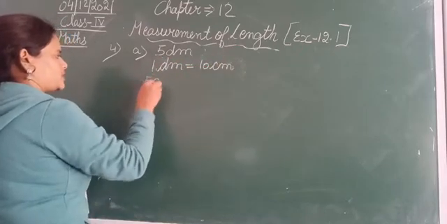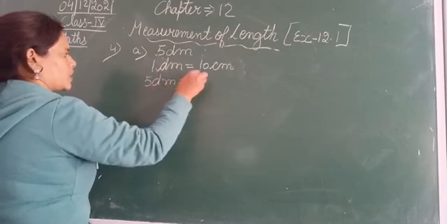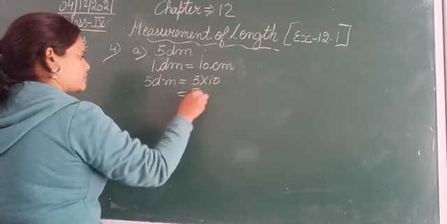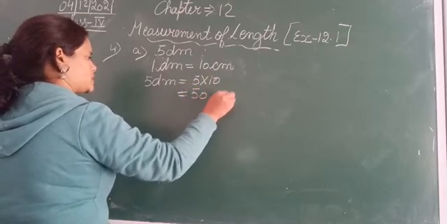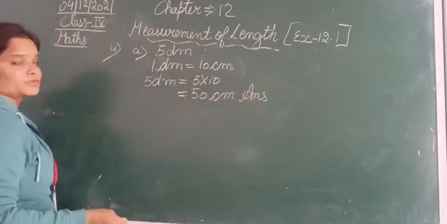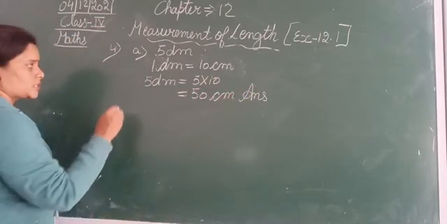So 5 decimeter is equal to 5 into 10, that is 50 centimeter, and this is the answer.